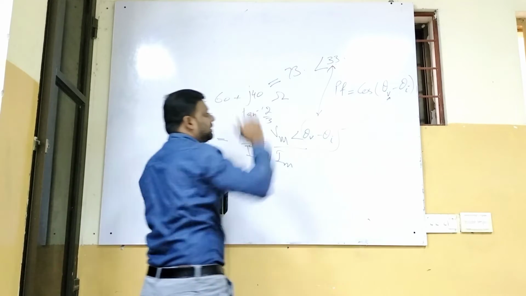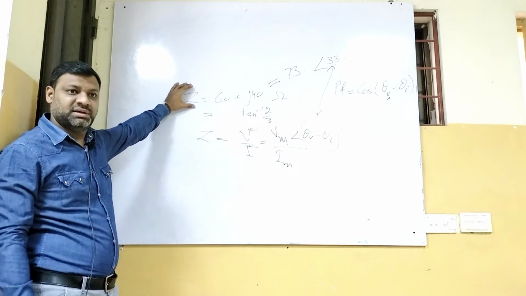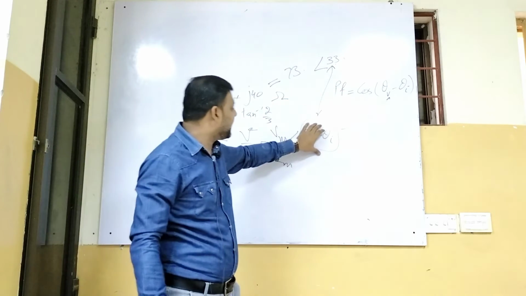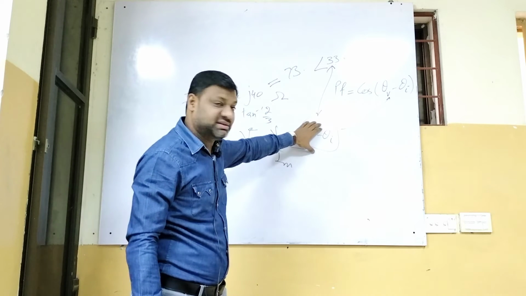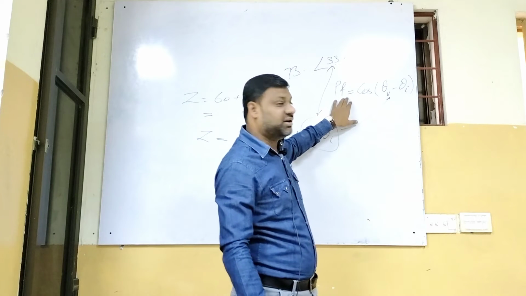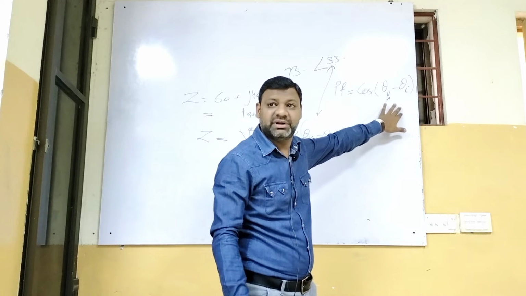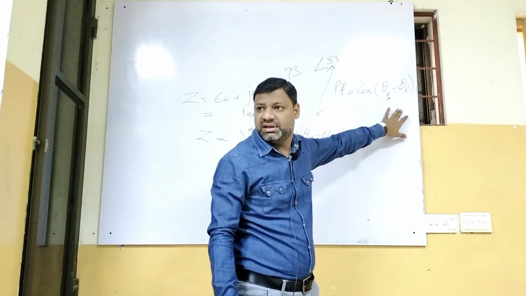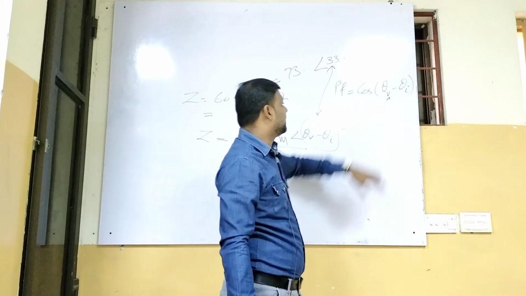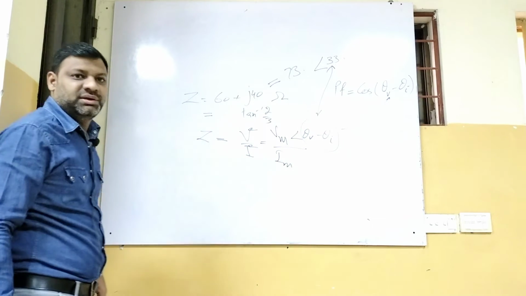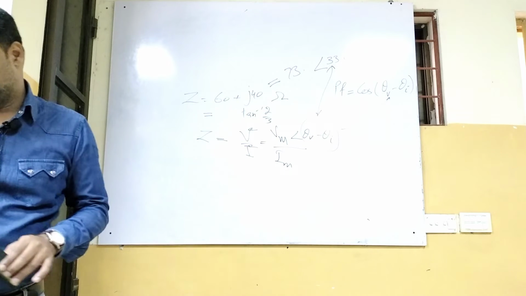So the angle of impedance is given, and we just state that the angle of impedance is the angle of power factor as well, the cosine of the angle of impedance. So in this way you can find out the power factor.